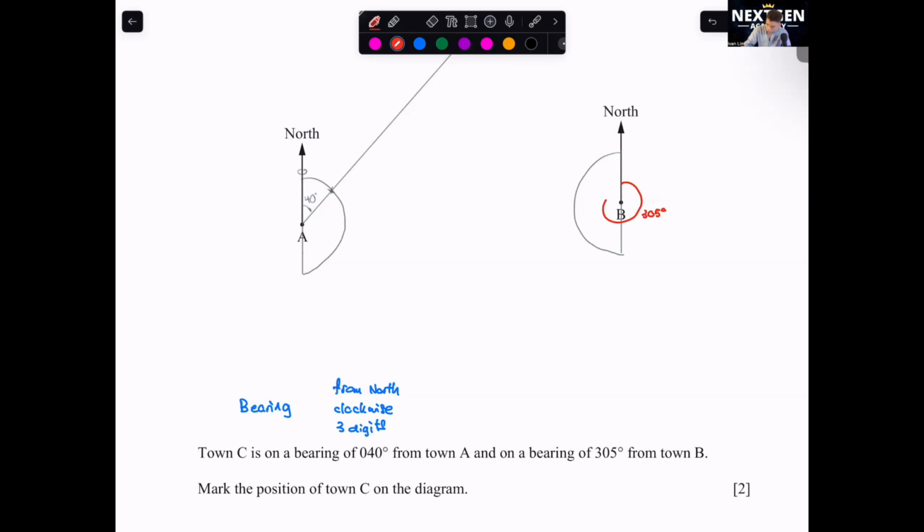So take 360 minus 305, which gives 55 degrees. You measure 55 degrees on this part, slightly lower like that.